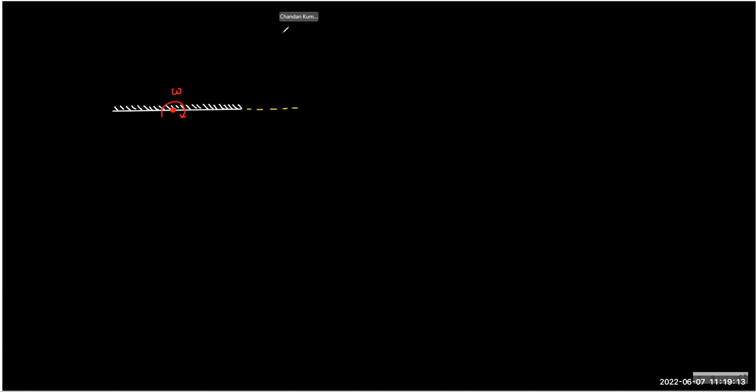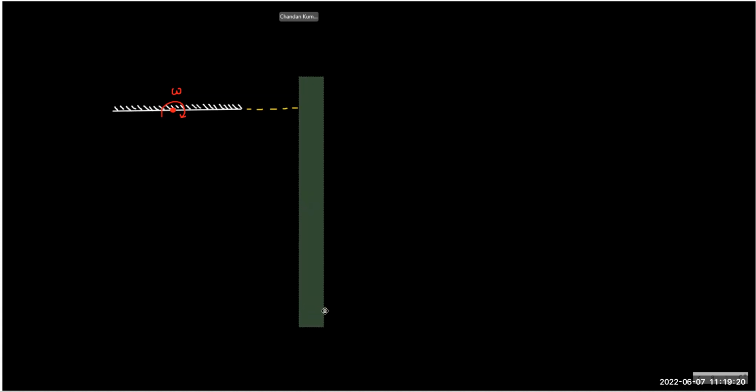And there is a vertical wall which is acting like a screen, and the distance between the wall and the center of the mirror is, let's say, d.